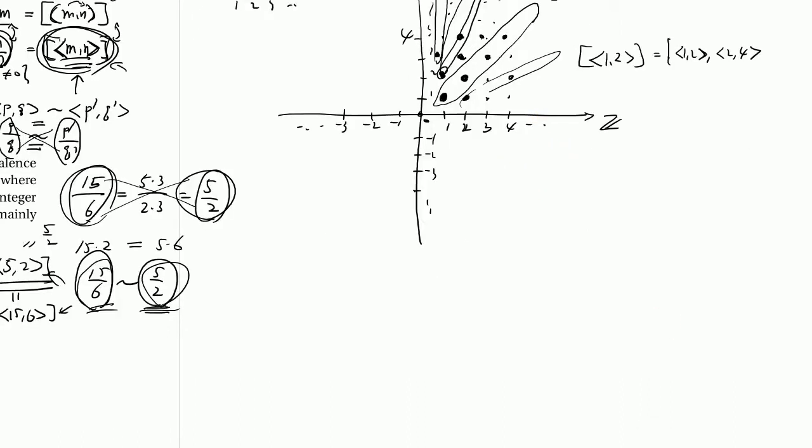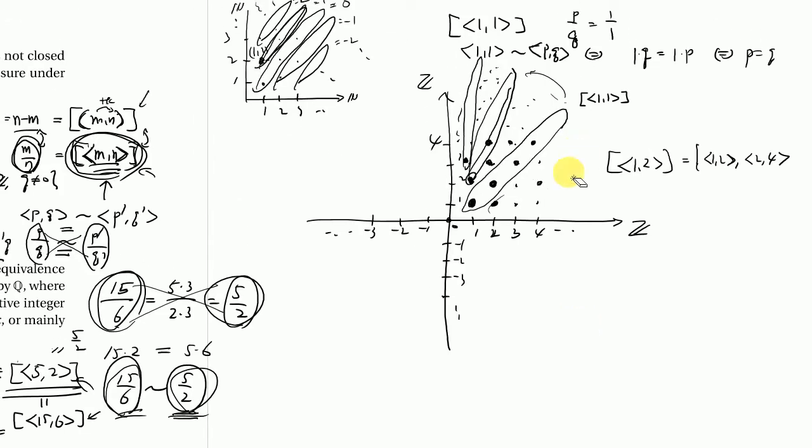Sorry, let me be careful. Let me choose 2, 1 and see what happens. It has 2, 1 first, and with the common ratio it's going to be 4, 2, the flipped form. So 4, 2 is here.